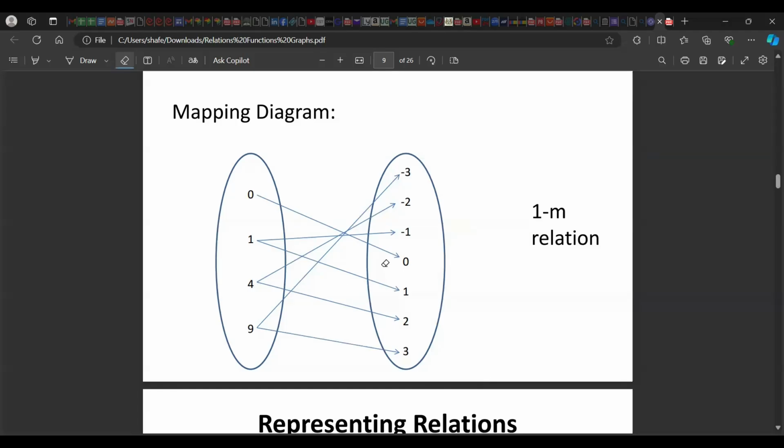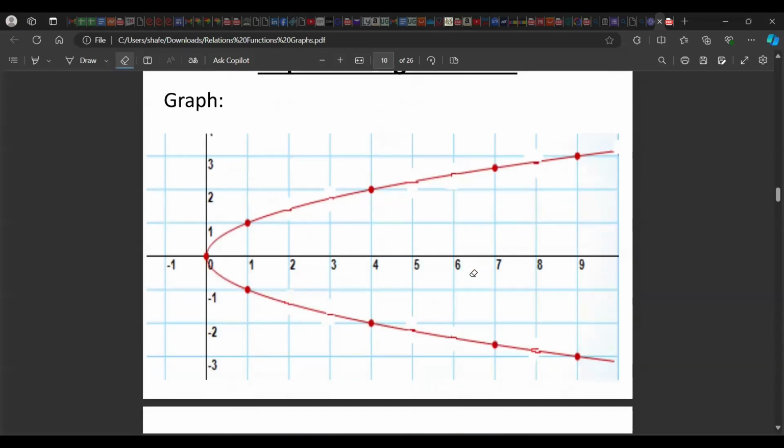How do we represent this? Let's see. We represent it on this graph, right? So the input again is on this horizontal axis, what we call the x-axis, input axis. Output, or the y-axis, is here. So 0 and 0, right? This is the point 0, 0.